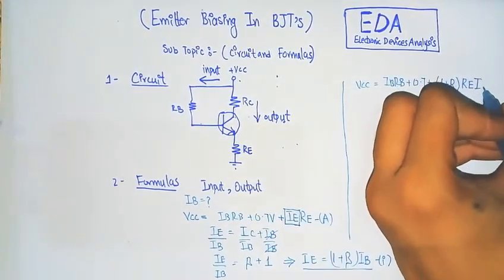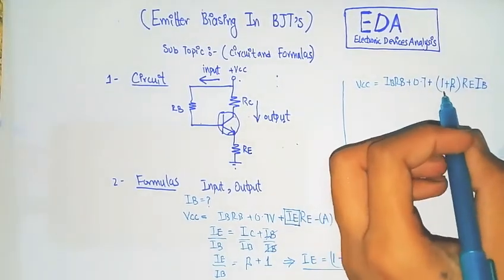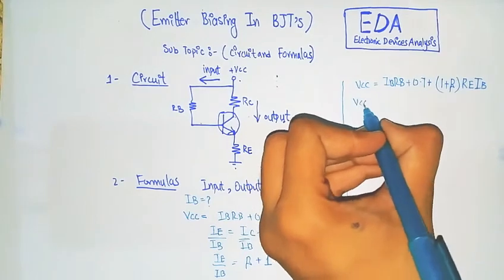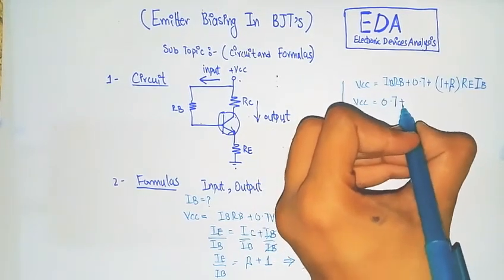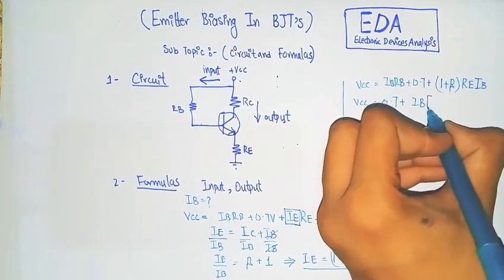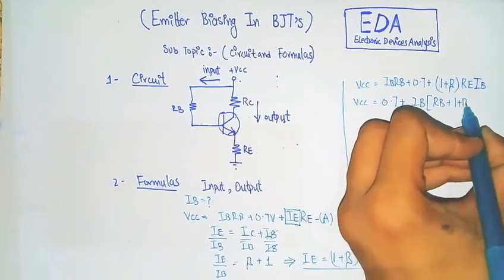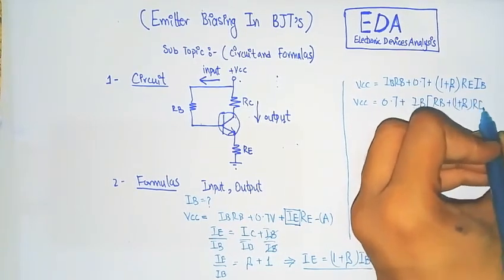So this will be the equation where we will find the IB value. So VCC equals 0.7 plus, taking IB common from these two, IB times RB plus 1 plus beta times RE.